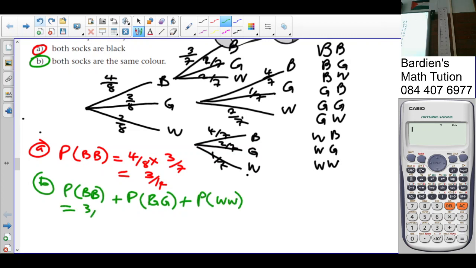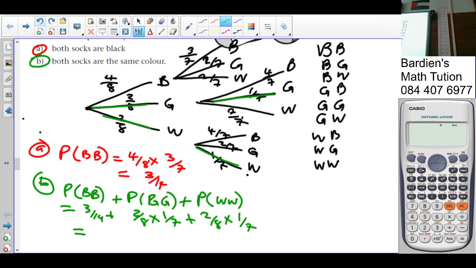Both black is 3 out of 14. Both grey, following this branch here, is 3 out of 8 times 1 out of 7. No, 2 out of 8. Why am I always saying 3? Handwriting. 2 out of 8. Both white. 2 out of 8 times 1 out of 7.